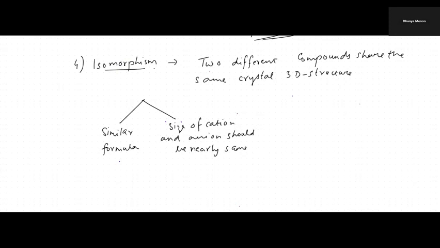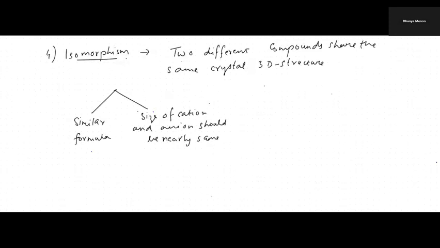So isomorphism means two different compounds share the same crystal 3D structure. For example, if I take sodium fluoride and magnesium oxide. Now here, sodium and magnesium are in the same period.